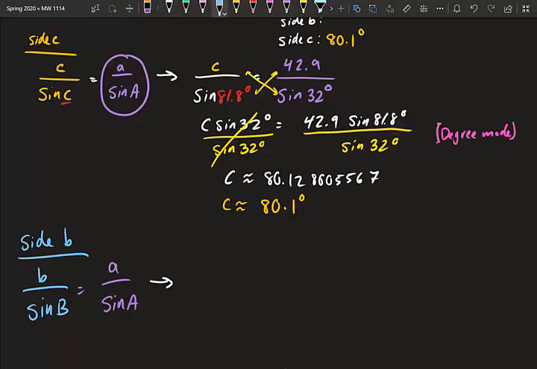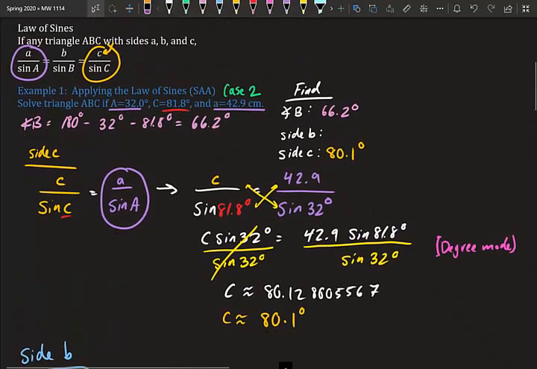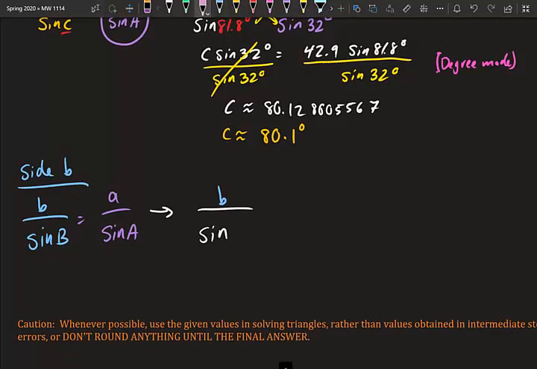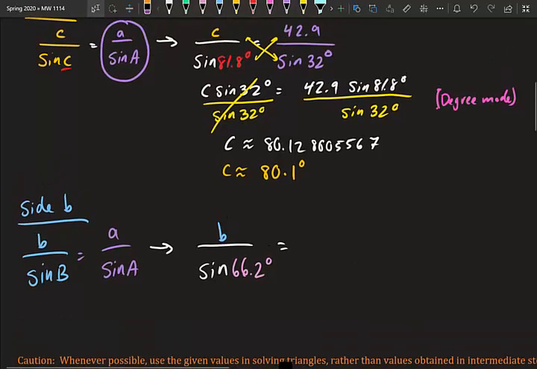We're trying to find B, and that's over sine B. So sine B is 66.2. And that equals A over sine A. So same values we had before: 42.9 over sine 32 degrees.